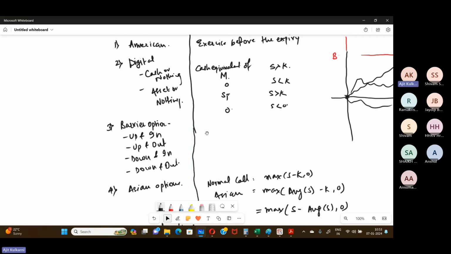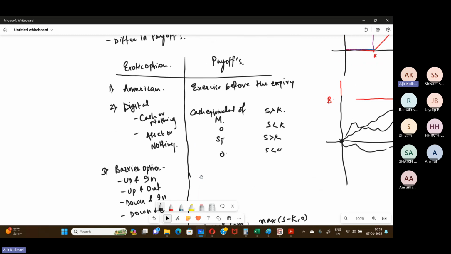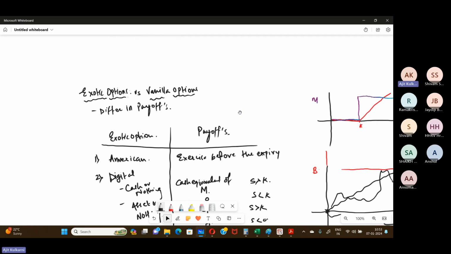So you have the Black-Scholes formula only for the basic kind of options. The Black-Scholes formula can be used only for vanilla options. For all exotic options, you need to resort to some kind of simulation.